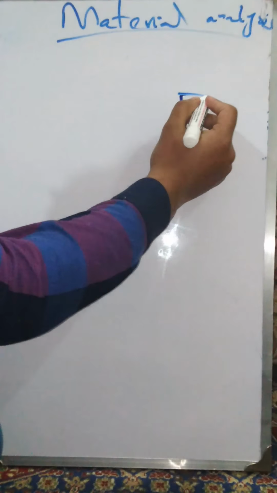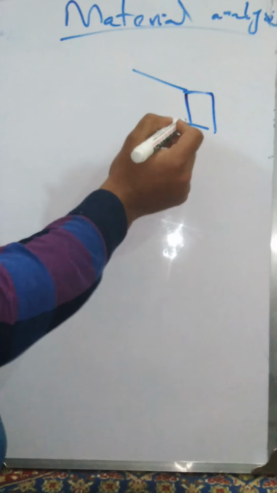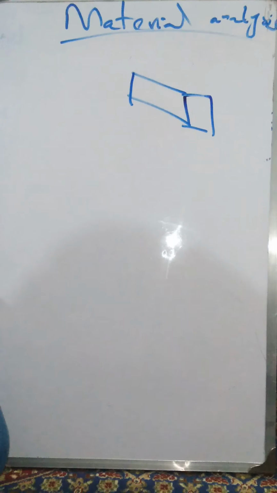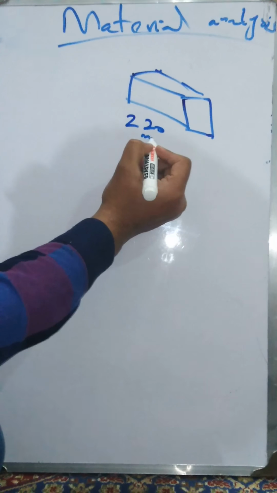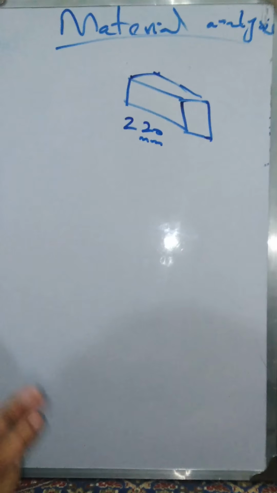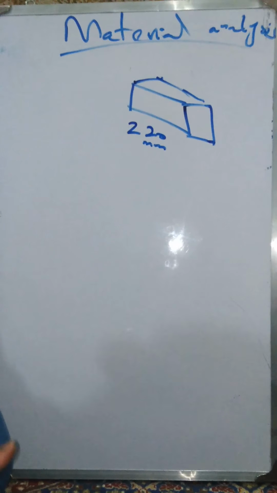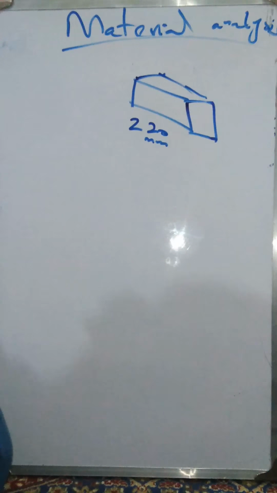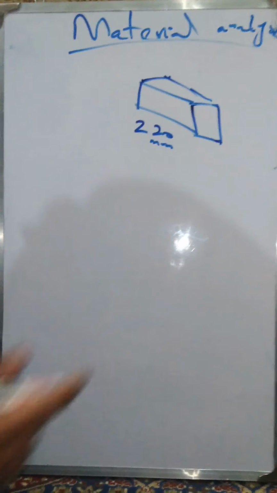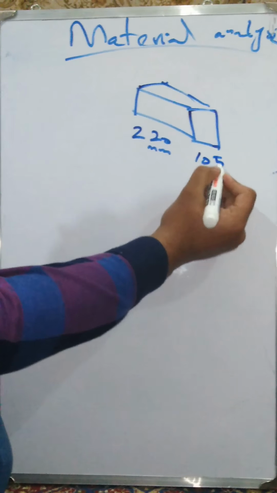Now these are the general bricks which are used, as I told you earlier that they may differ from country to country. Now we are going to calculate for the standard size bricks which are generally used all over the world. So let's rub it off. Now we are going to write the dimensions of one standard brick.